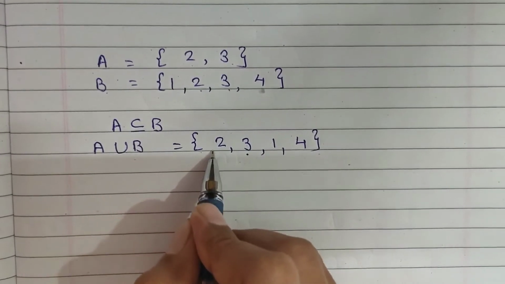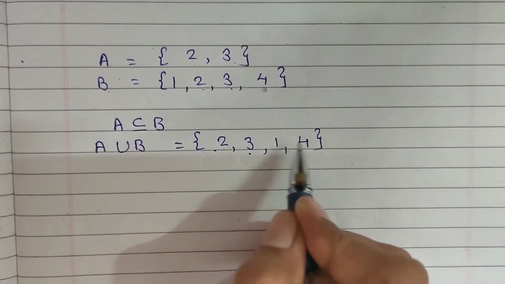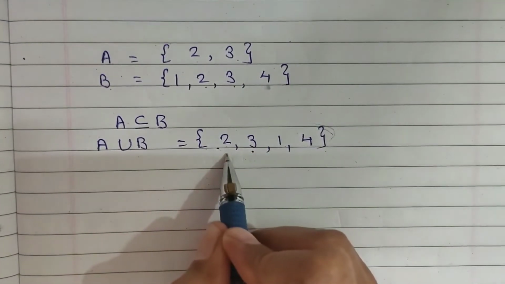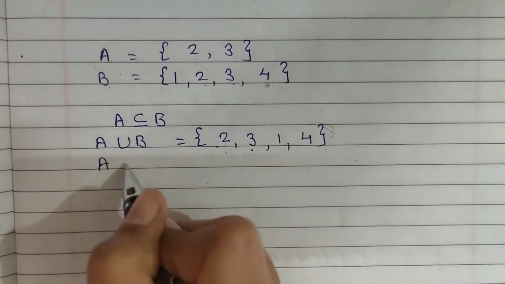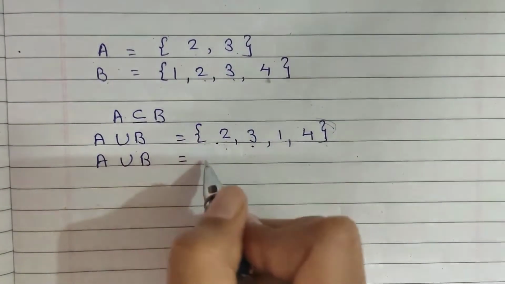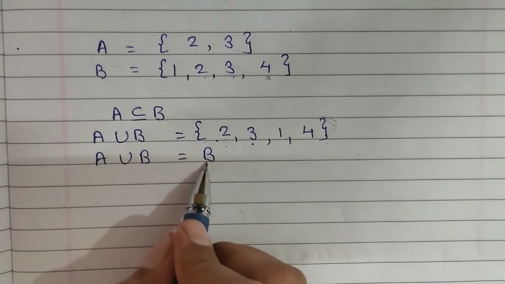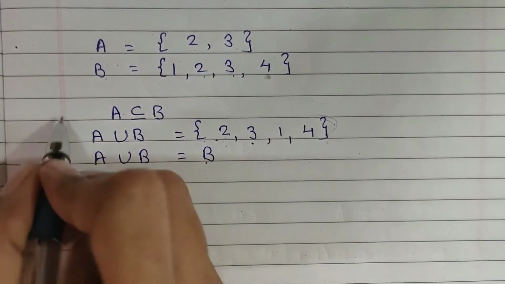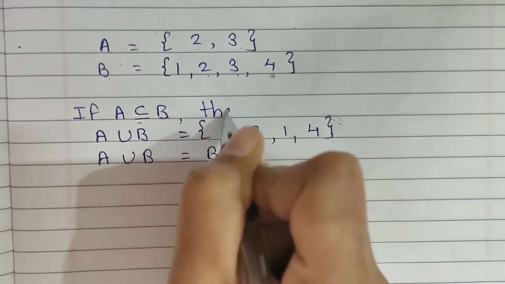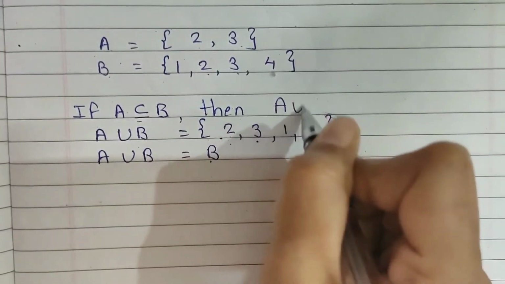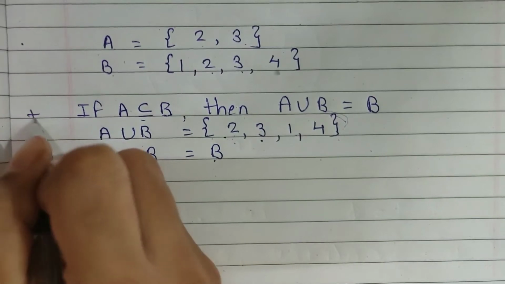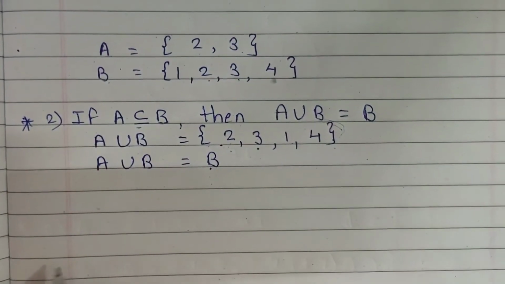You can see all these elements are present in set B, which means it is nothing but set B. So we can write the same thing by replacing this set with the name of the set. So if A is a subset of B, then A union B is equal to B. This is our second property.